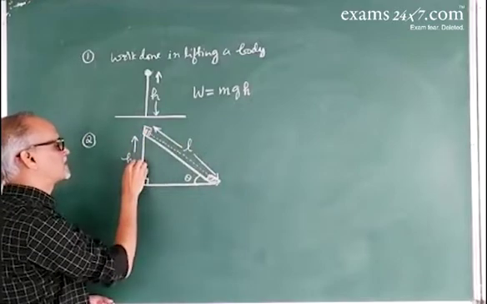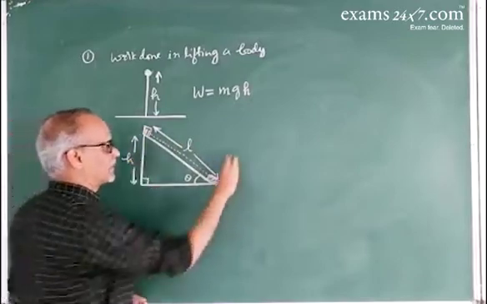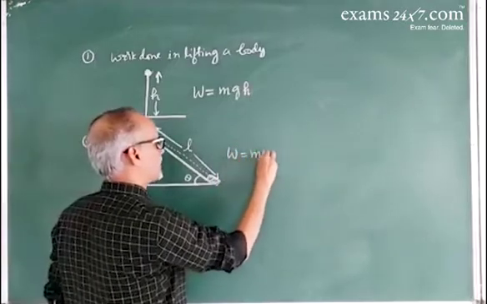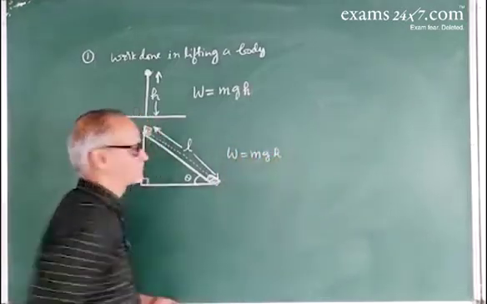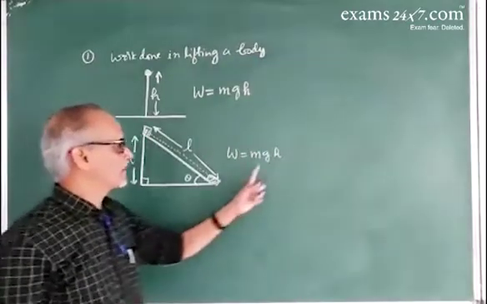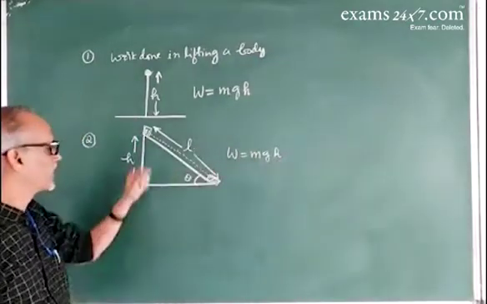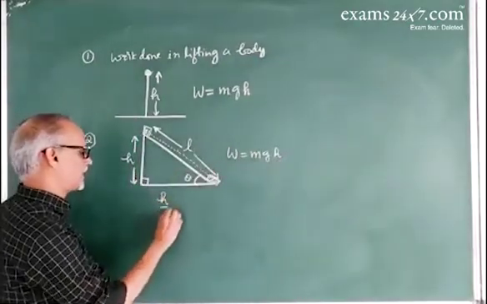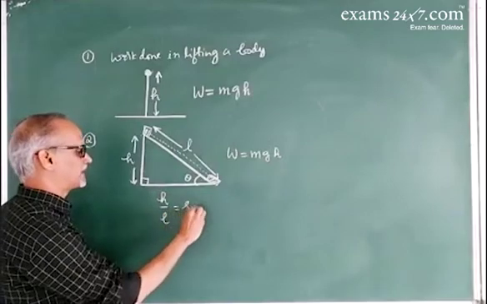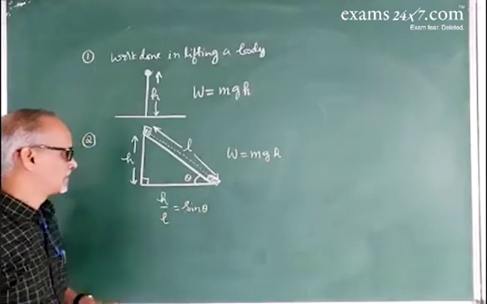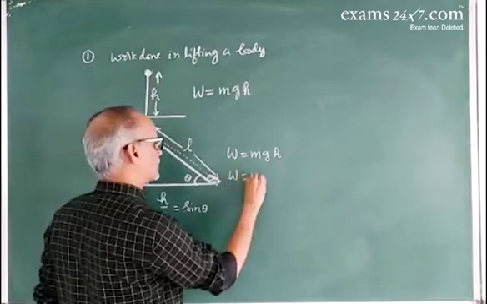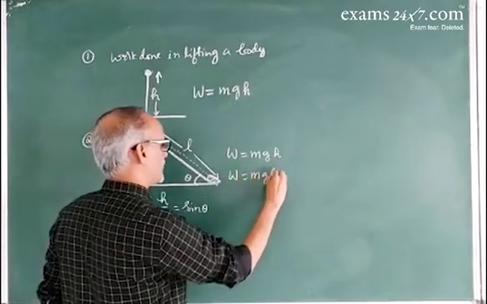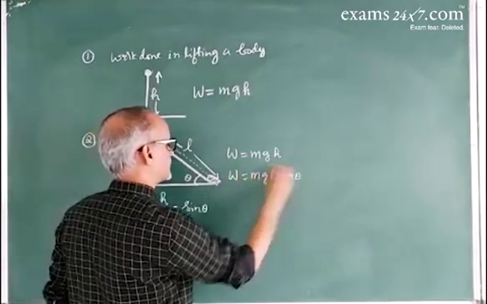The vertical displacement is h. Therefore, work done is equal to m, g, and h. But we want to express that in terms of L. So from the diagram, h by L is equal to sine theta. Therefore, work done is equal to m, g, L, sine theta.